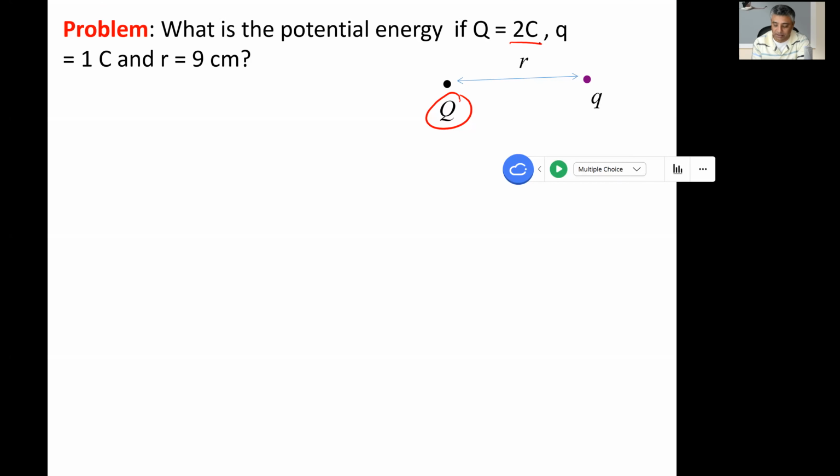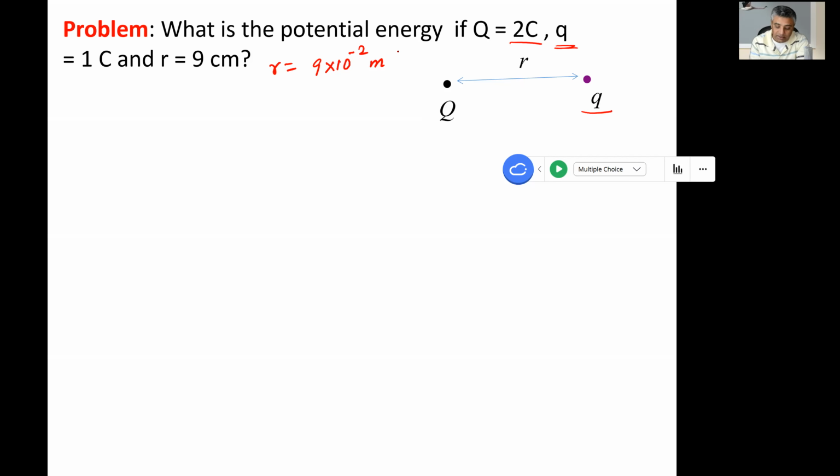I'm keeping them reasonable so that we can do the computation a bit more easily. So two charges, one is 2 coulomb, one is 1 coulomb, and the distance between them is 9 centimeter. Oh, it's not in meters, so we need to convert that. R is 9 centimeter, which means 9 times 10 to the power negative 2 meters, or 0.09 meters. It's the same thing.